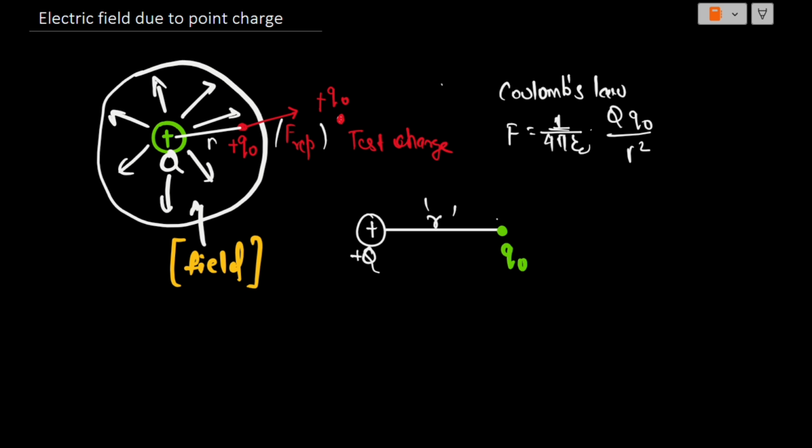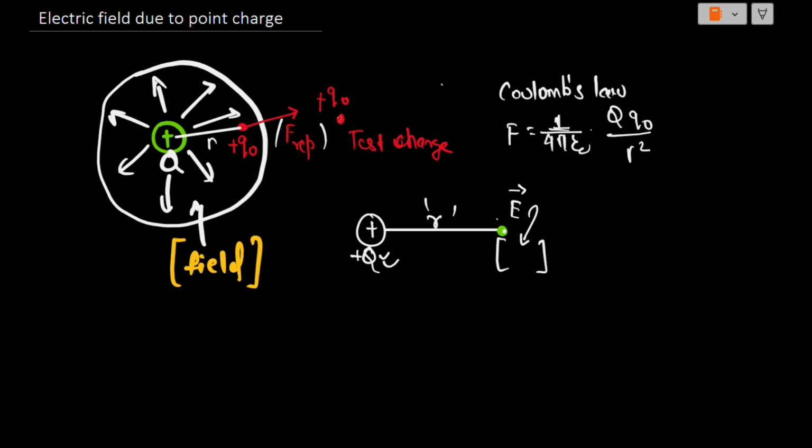So the electric field at a distance r, we will denote as E vector. The test charge will experience the electric field due to this positive charge, and this electric field applies force on this test charge.